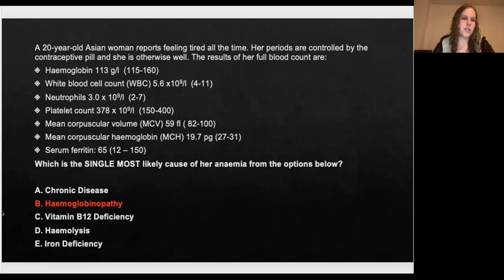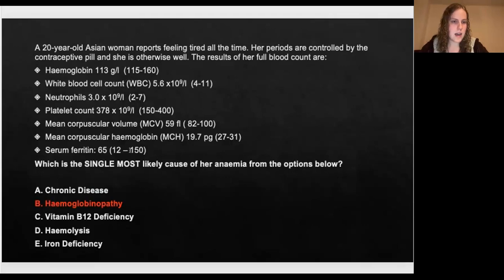So again, what points to it? Well, it's a young woman, young Asian woman. They're more likely to get certain hemoglobinopathies. And then the hemoglobin's low and the mean corpuscular volume is low. So it's a microcytic anemia.